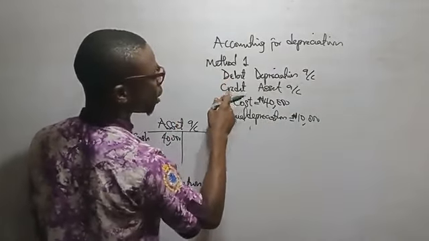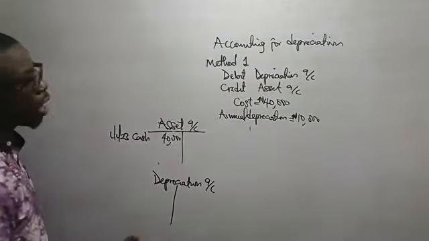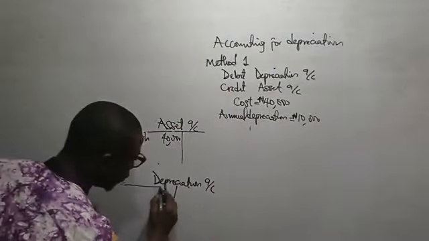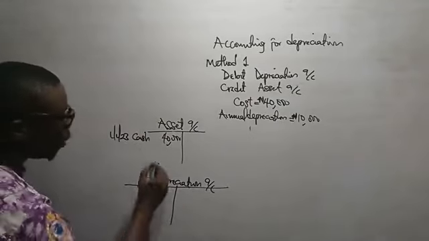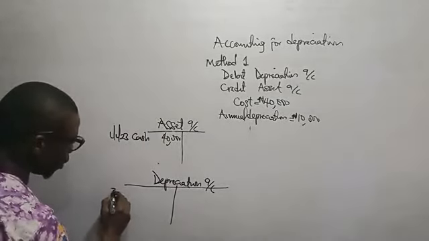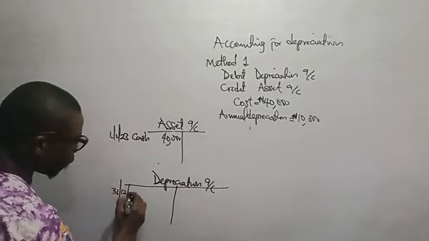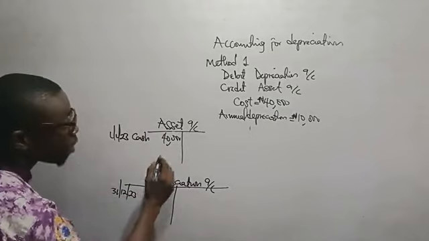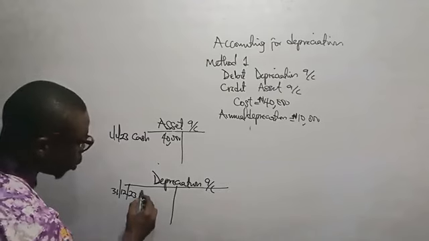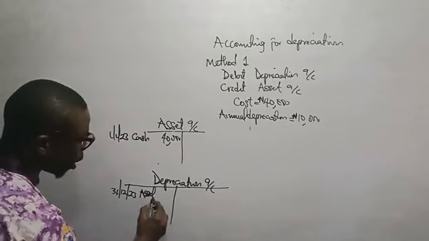Now, because the asset has depreciated, when you have depreciation, you debit depreciation account and credit asset account. So debit depreciation account with 10,000 naira.